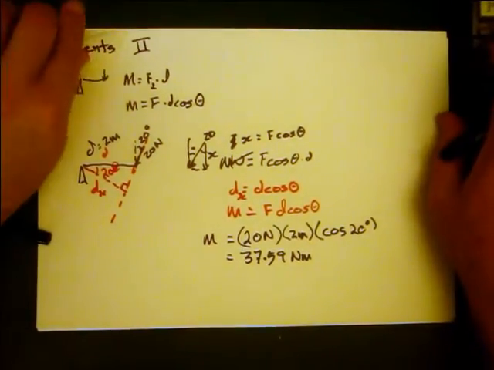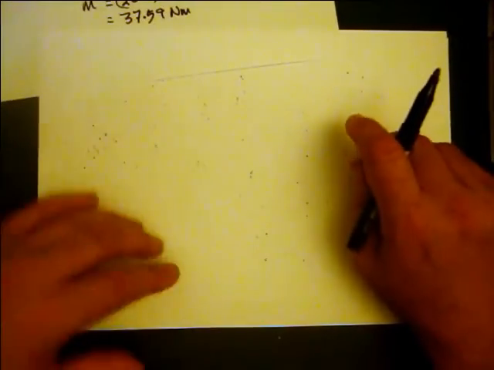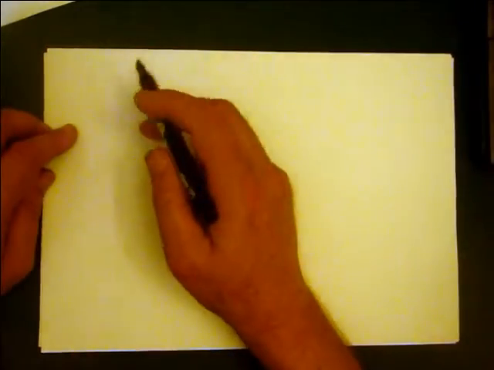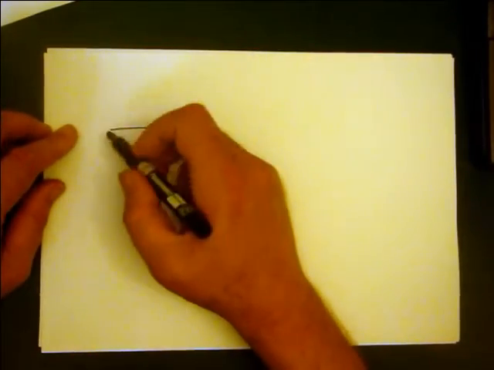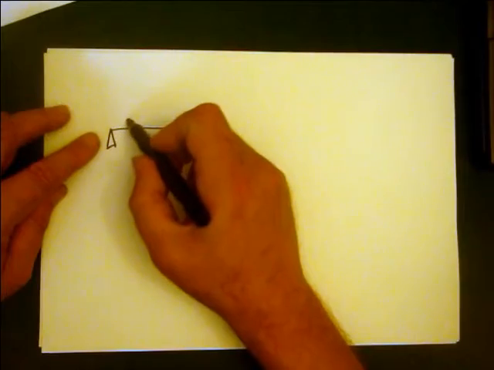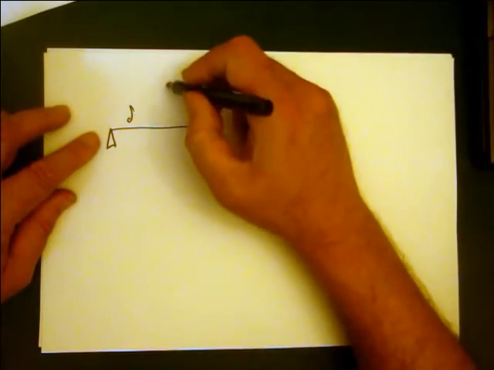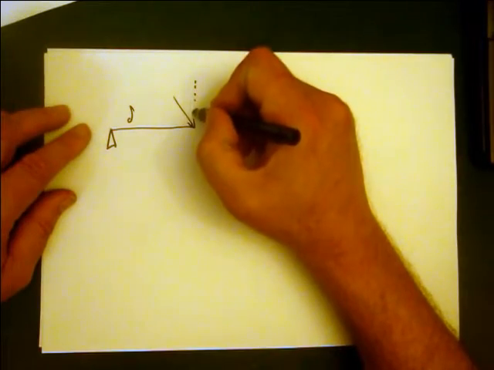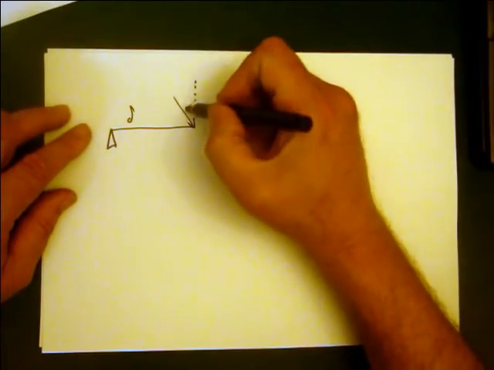So let's do this again just quickly as a conceptual thing. What we're doing, let's tidy up here, is if we have a force being applied at a distance, and we have a force coming in at an angle, we measure the distance.